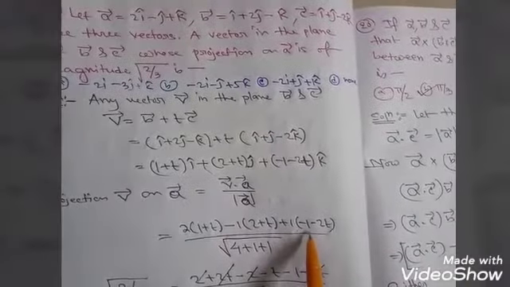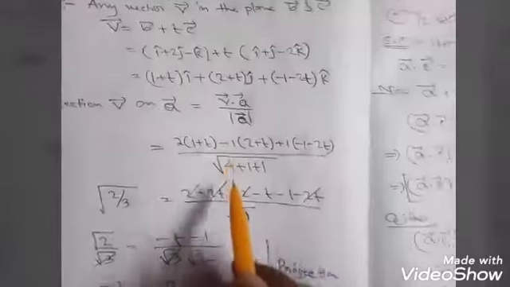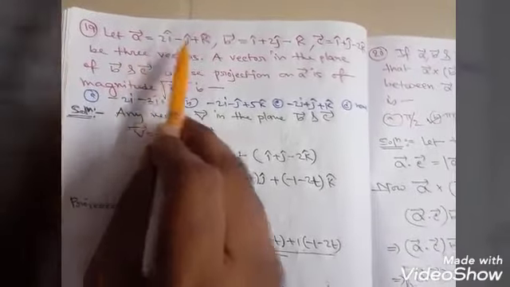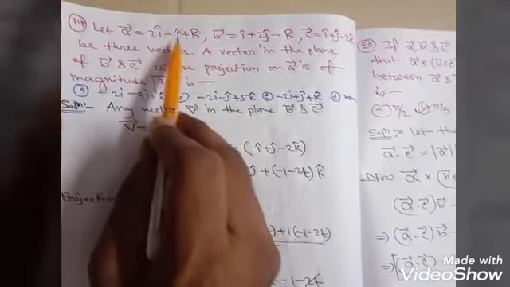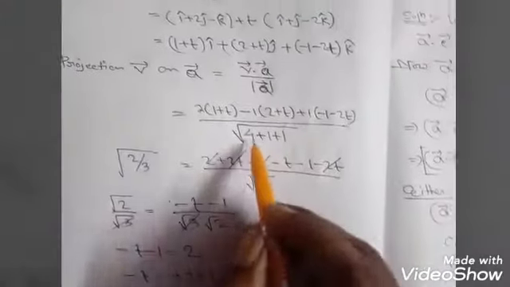So 1 into minus 1 minus 2t, by modulus of A. Modulus of A means root over 2 square plus minus 1 square plus 1 square, so coefficient of i square plus coefficient of j square plus coefficient of k square. We know it. Now the projection is given as root over 2 by 3.